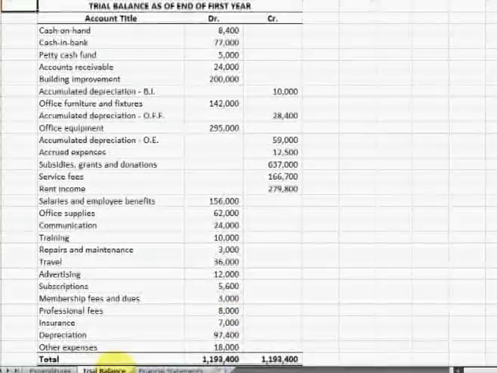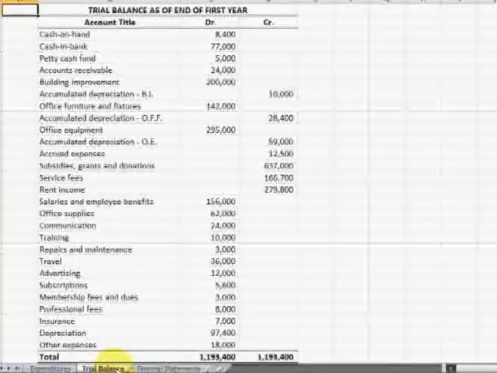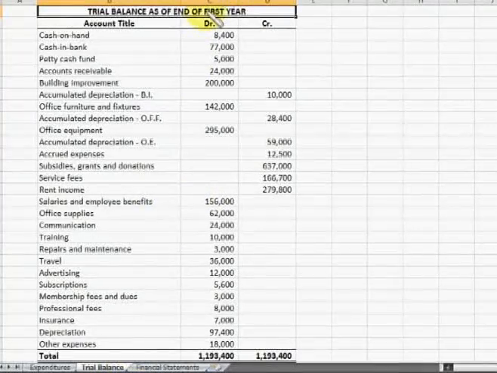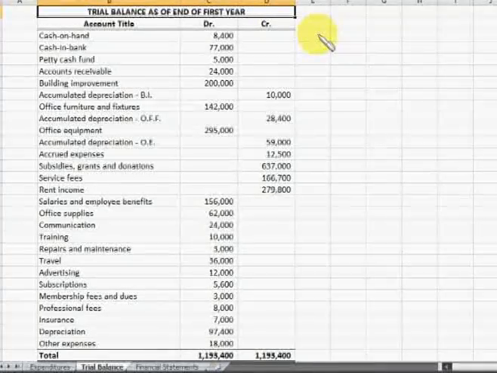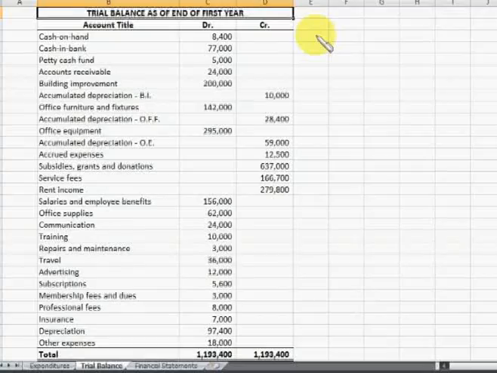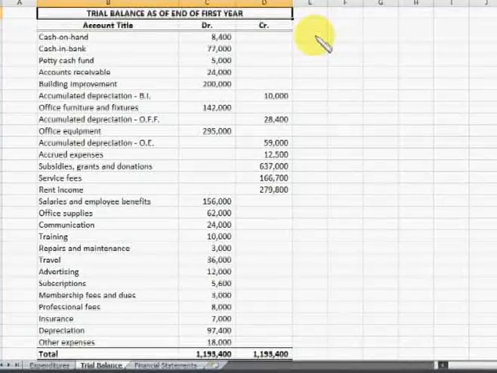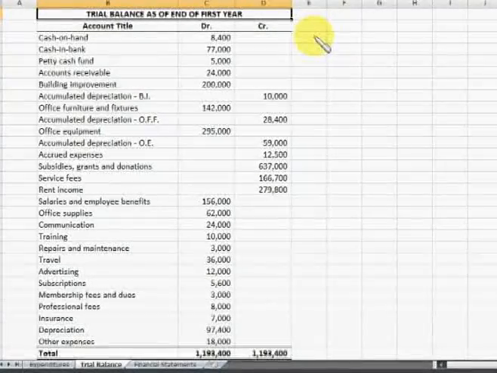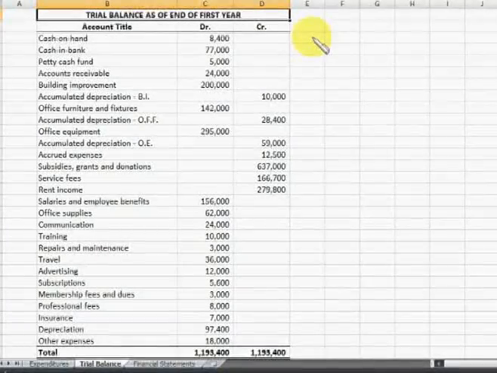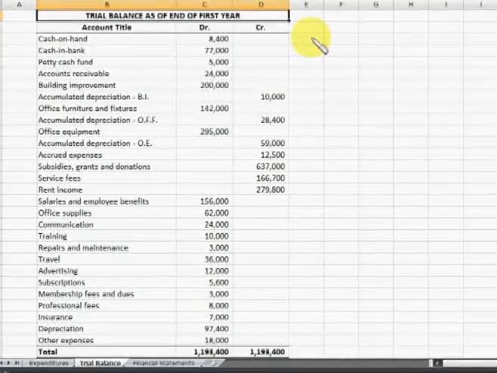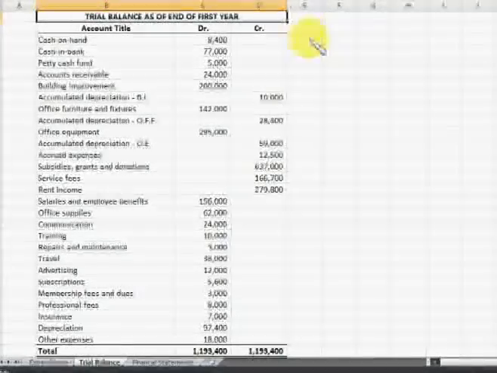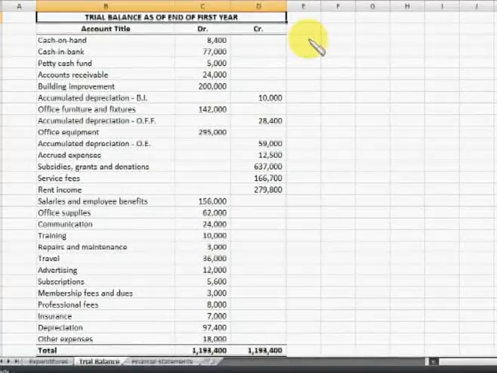Next is the trial balance. As discussed in the first part of this module, the trial balance is supposed to be prepared at the end of each month, so that the management of the CEC will have something to study, for them to be able to determine the financial status and the results of operations of the CEC for that short period of time, which is 1 month.